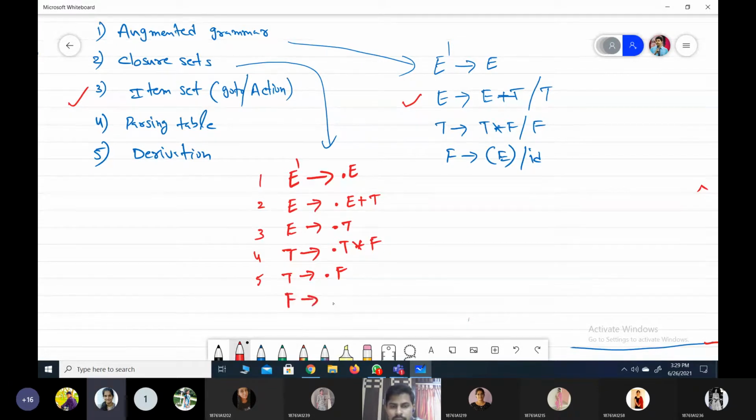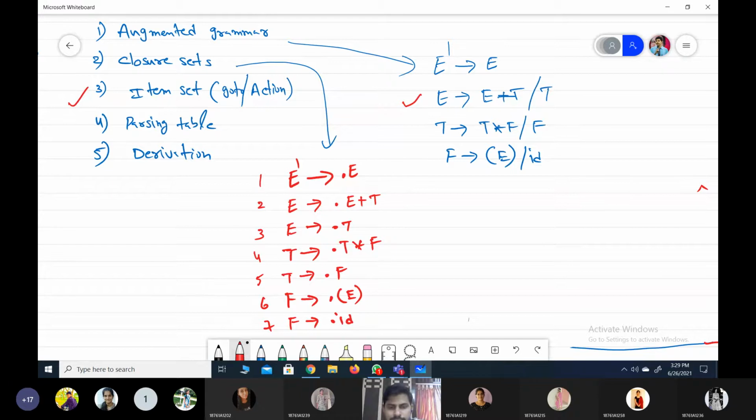F tends to dot, open parenthesis, E, close parenthesis, and then F tends to dot ID. These are the productions available in your item set.